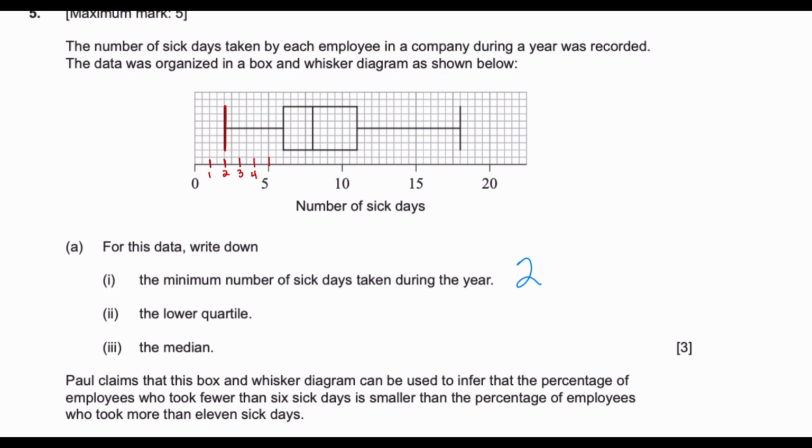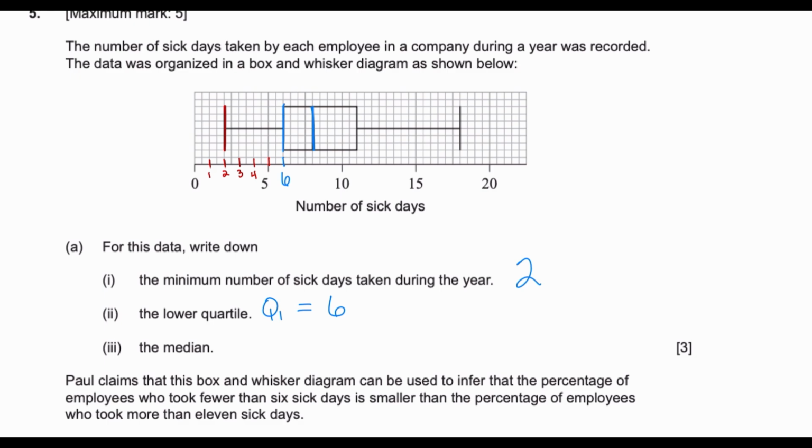For part 2, the lower quartile. The lower quartile is your Q1. So in the box right here, this would be your lower quartile. Remember, they were going by 2s, so the lower quartile is 6. The median in the box and whisker plot is basically the line that goes straight down in the center of the box.